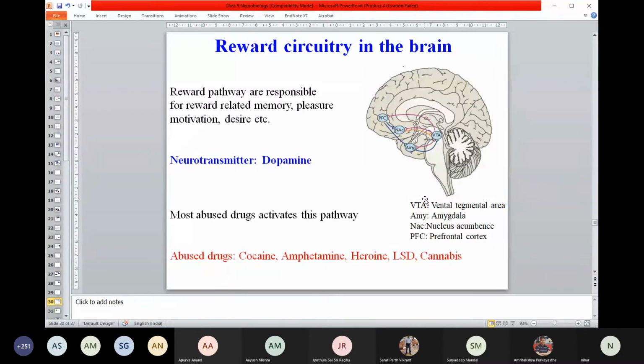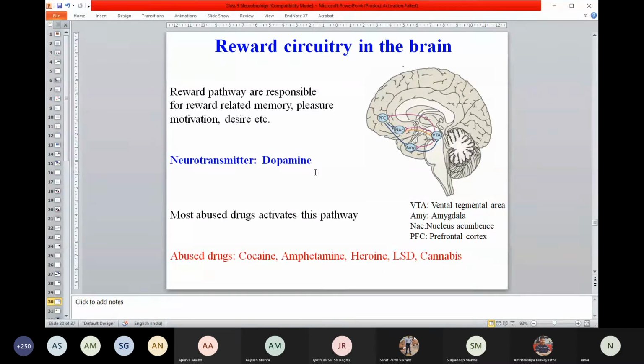I hope you understand. So that's the reward circuitry in our brain. I am not going into details about that. Different parts of our brain are involved together to make that reward circuitry. But the most important thing you must remember is that the neurotransmitter that plays an important role in our reward circuitry is called dopamine.